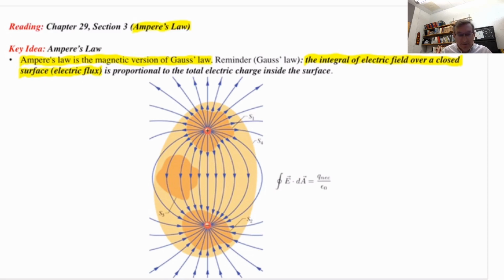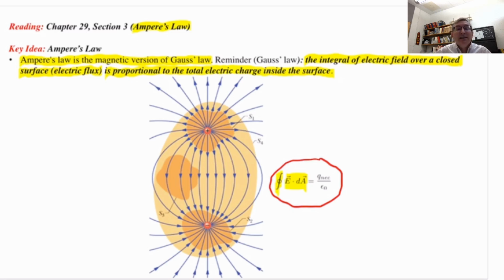The integral of electric field over a closed surface, electric flux, is proportional to the total electric charge inside the surface. That's it in words. Here it is written down in much more concise mathematical notation. We're doing the integral over a closed surface, E arrow dot dA arrow.